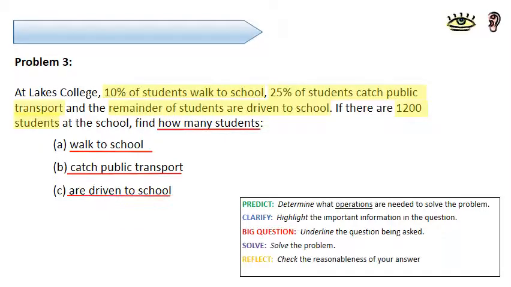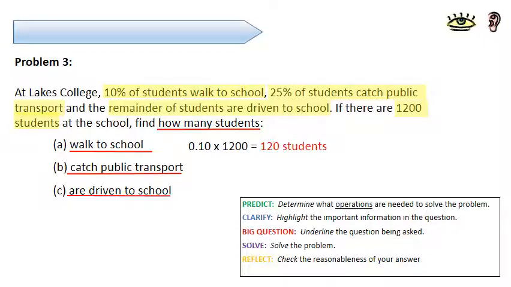All right. So we've got our percentages of the people who come to school, but it looks like there's one missing. But you need to realize that's the remainder of the students that are driven to school. So remember, all percentages must add up to 100%. So we've got 10% of students walking. So that's 0.10 out of our total of 1,200 students.